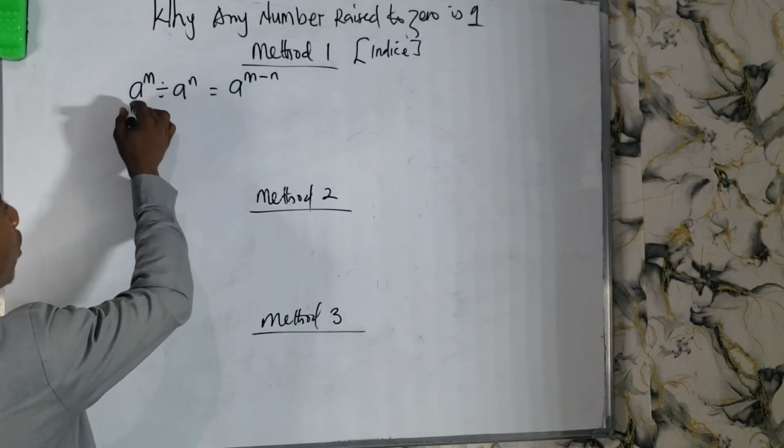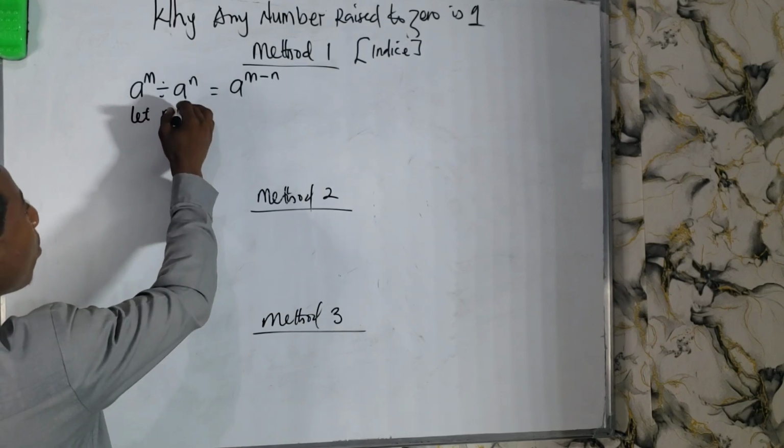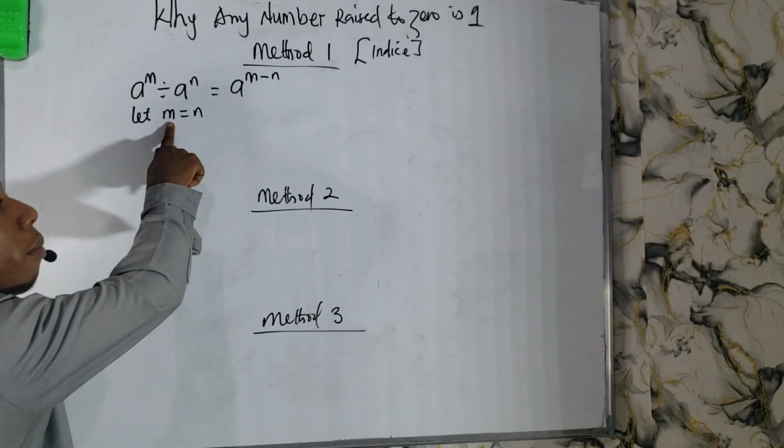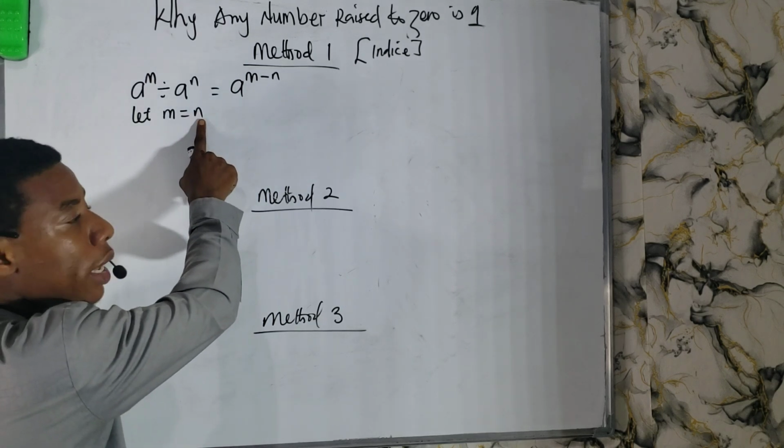Now, if I say let m equal n, this simply means any place I see m, I substitute it with n.